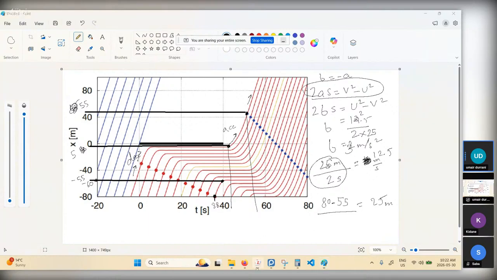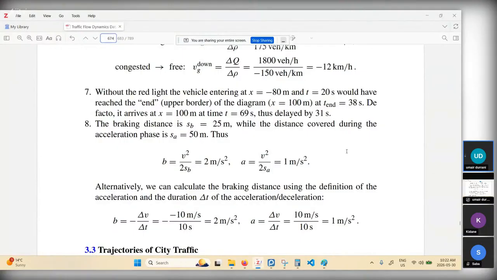So that gives us the answer to the question you answered: the distances for acceleration and deceleration. And plugging those values in the formula for equation of motion, you get these acceleration and deceleration values.